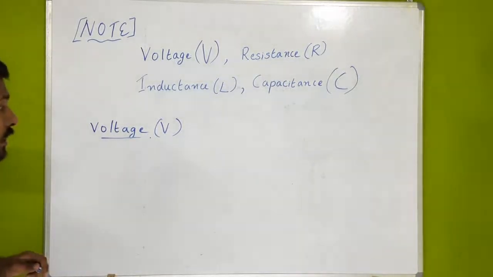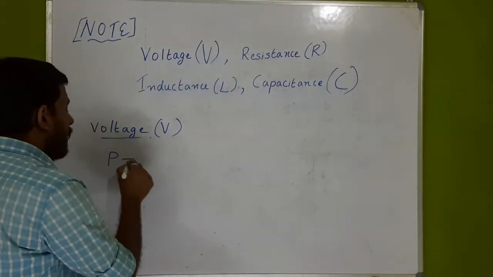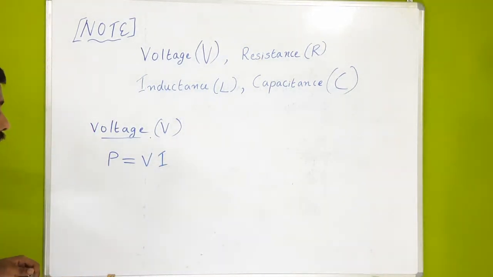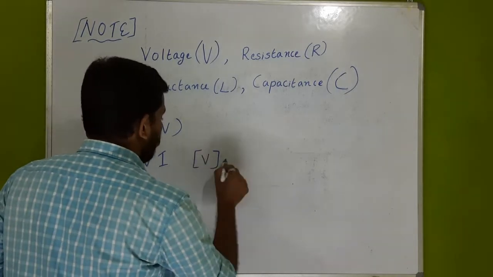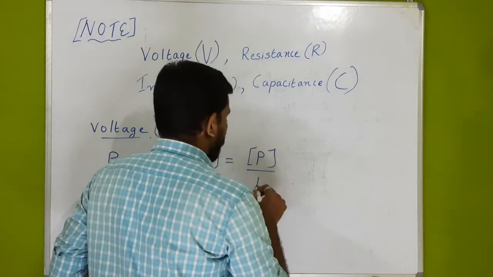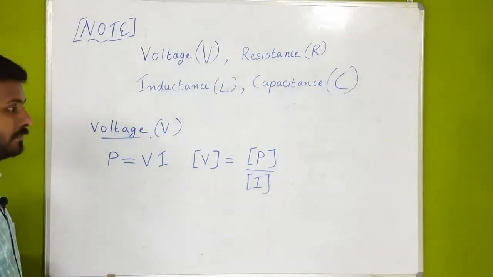For voltage we can write power is equal to voltage into current. Therefore, the dimension of voltage is equal to the dimension of power divided by the dimension of current.